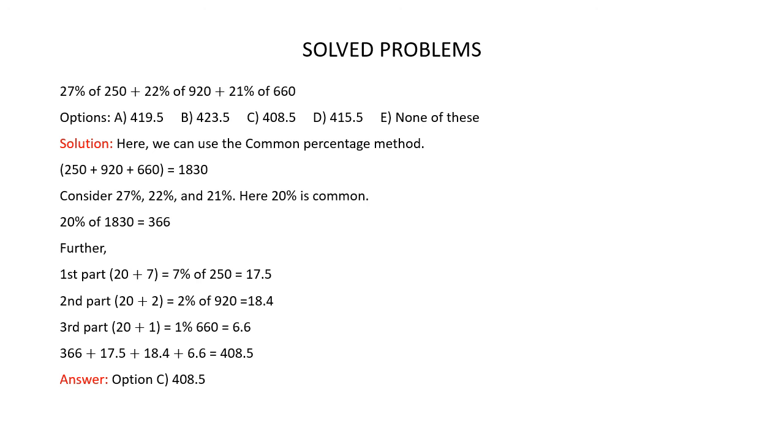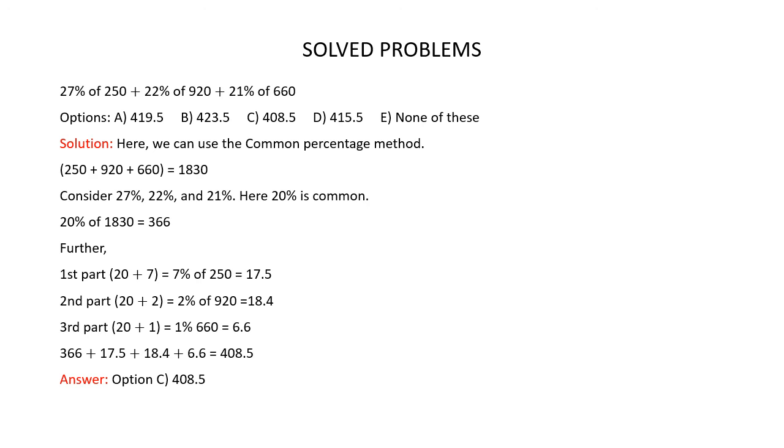Now 250 plus 920 plus 660 is 1830. Now consider 27%, 22% and 21%. Here 20% is common.